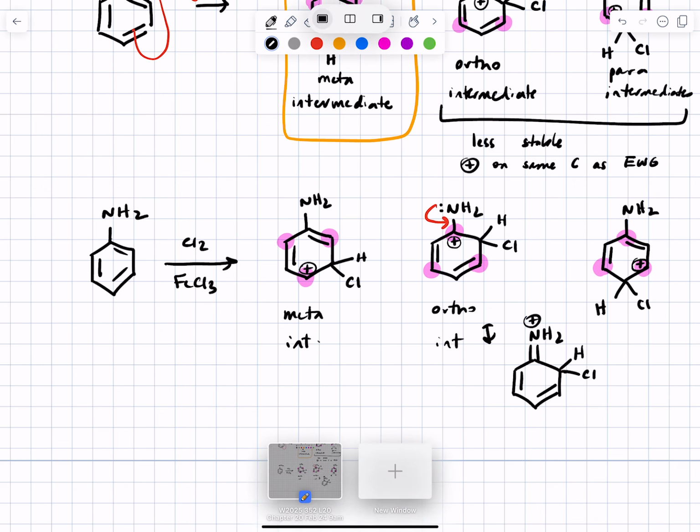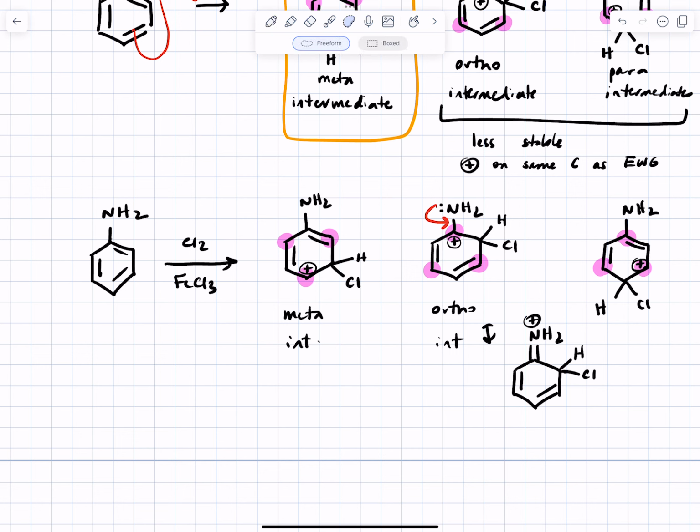We can draw one of these for the para intermediate as well, but I won't because we don't have space.